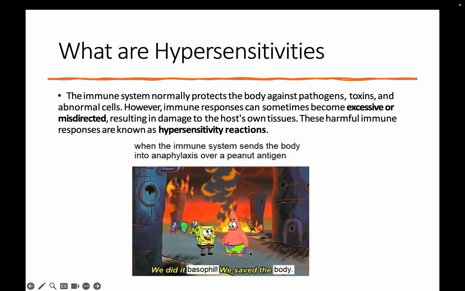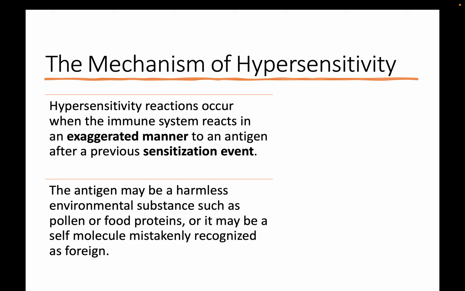This is what happens in hypersensitivities: our immune system is trying to protect you, but it does it in such an excessive manner that it becomes very lethal to us, because you're now causing a lot of death. Rather than protecting us, you're actually causing damage to something else.